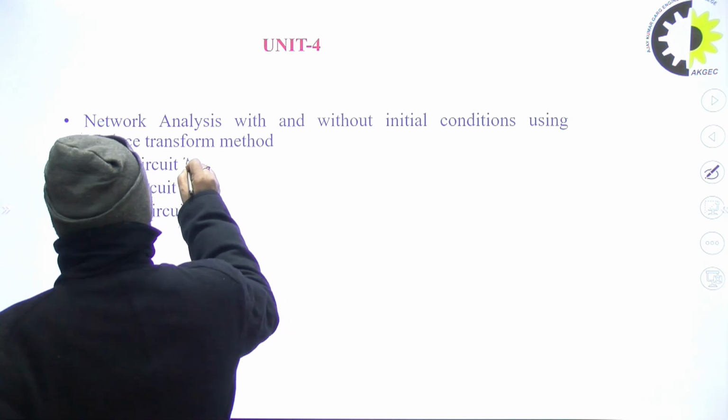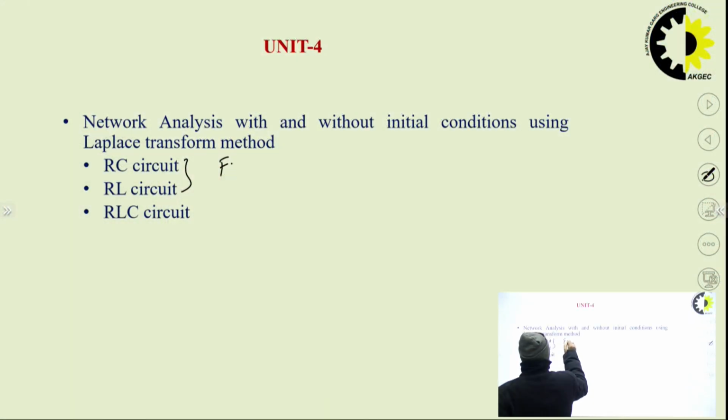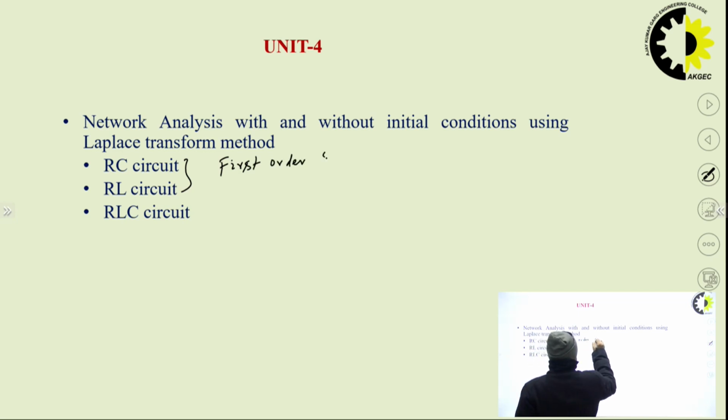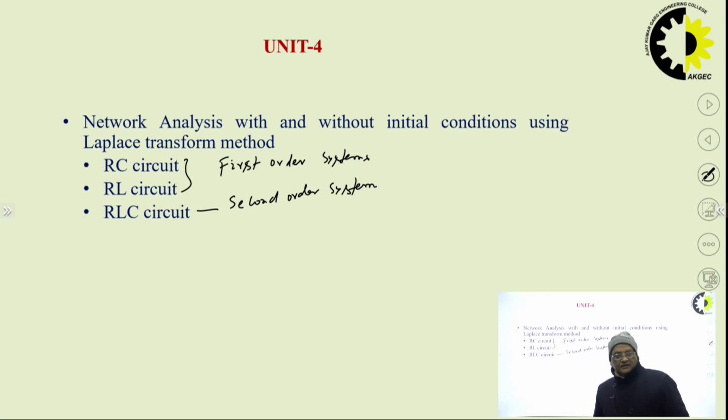These two circuits are first order systems, and this is the second order system. So today we are going to discuss circuit analysis of RC, RL and RLC circuits with and without initial conditions.